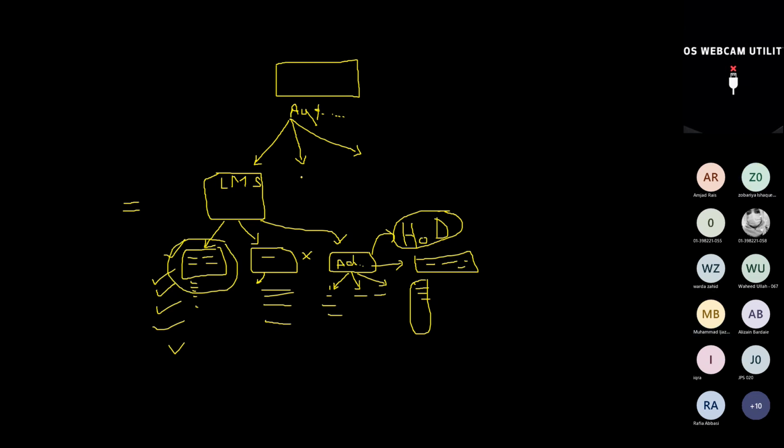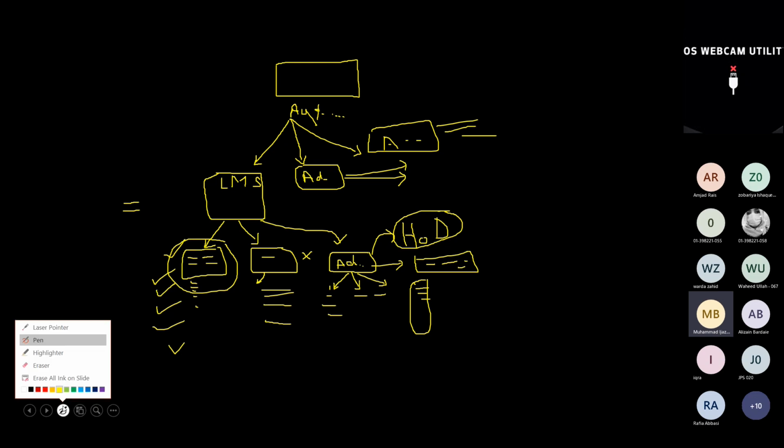Yes, sir. Now, there is another system called the admission system or admission department, which handles admission requirements. Then there's an accounts section concerned with fee payments and generating vouchers. So these are the three major parts of this project.